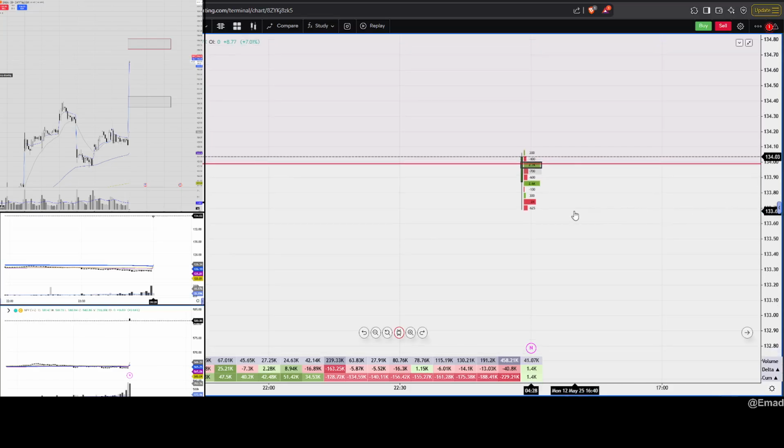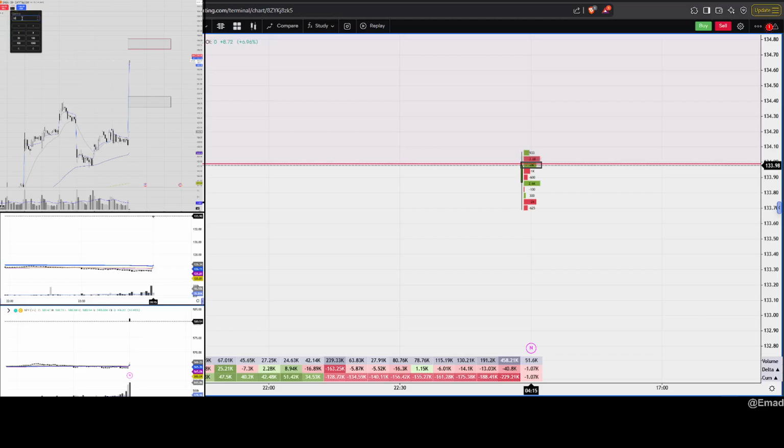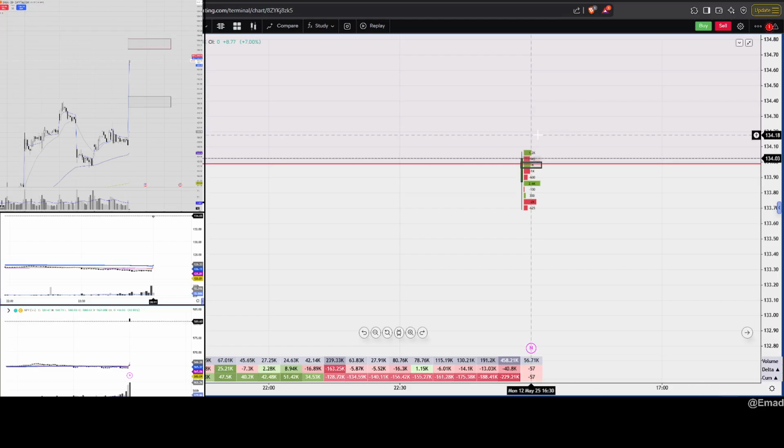Mean reversion is a very patient style of trading. Let's fix this to 40 to 30. Let's just trade normal size today, small size.